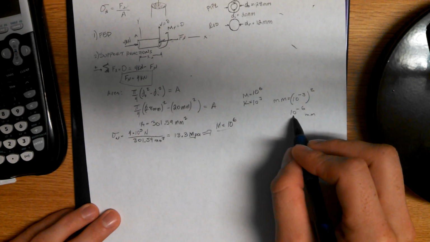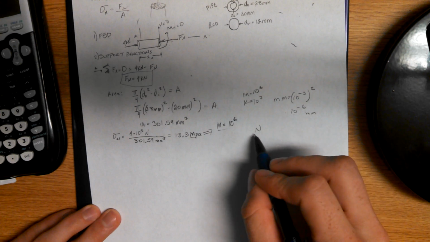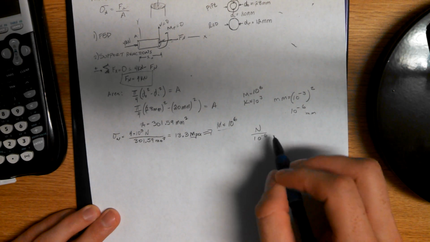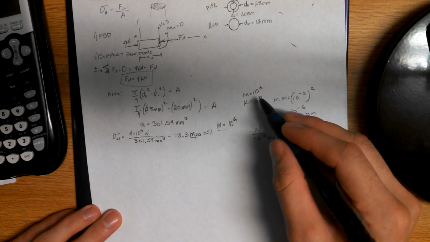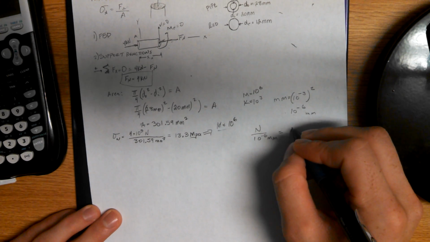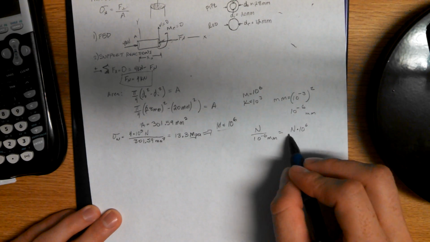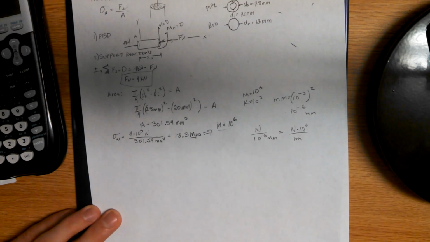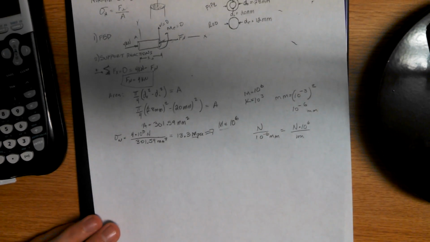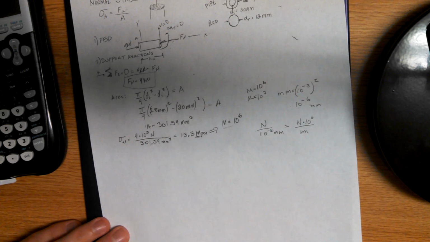And when we put this underneath our newtons, we'll have newtons per 10 to the negative 6 meters squared, and that is going to give us 10 to the 6 newtons per square meter, which is our definition of megapascal. So that kind of explains where this mega comes from.